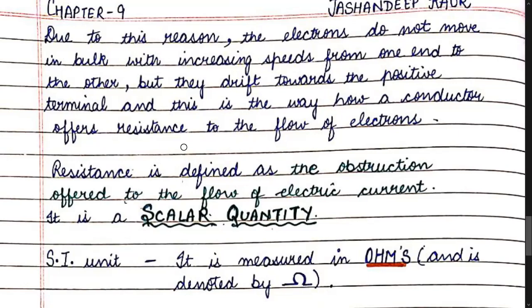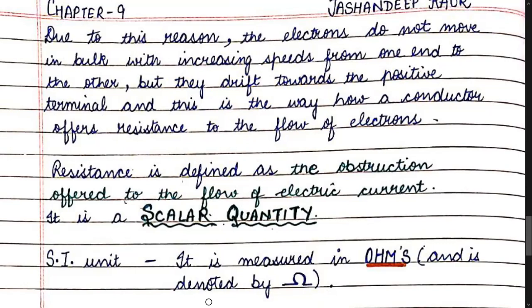Therefore, we say that the electrons drift towards the positive terminal. The word drift. The electrons do not move with higher speed. Rather, we use the word drift. The electrons drift towards the positive terminal. They will be moving slowly, approaching slowly towards the positive terminal.